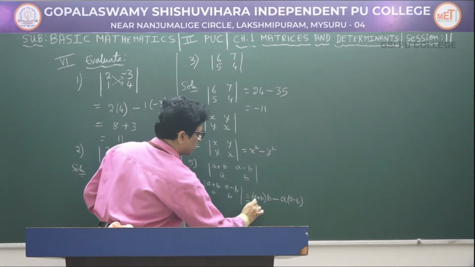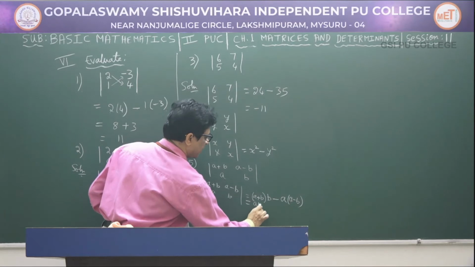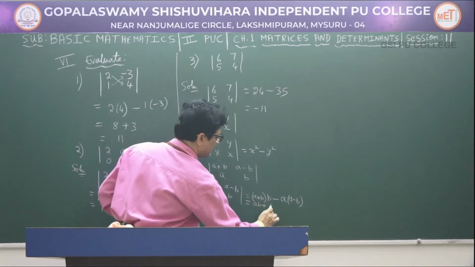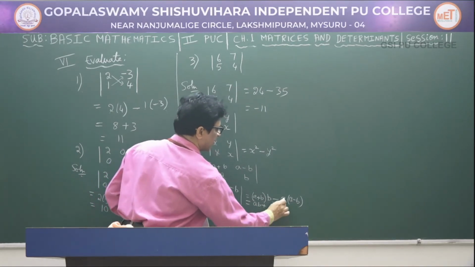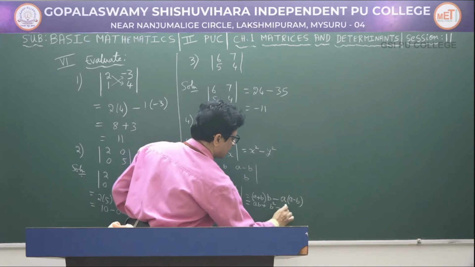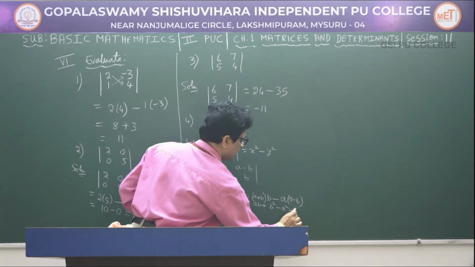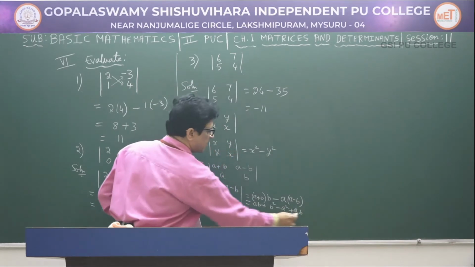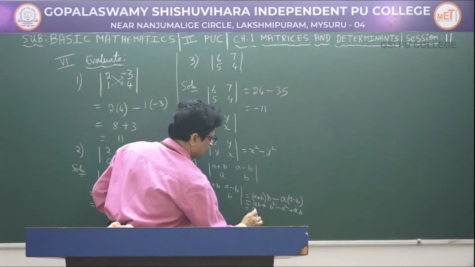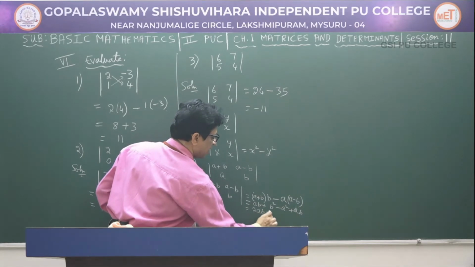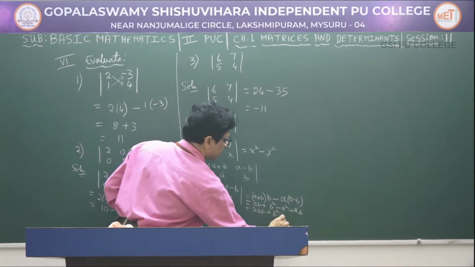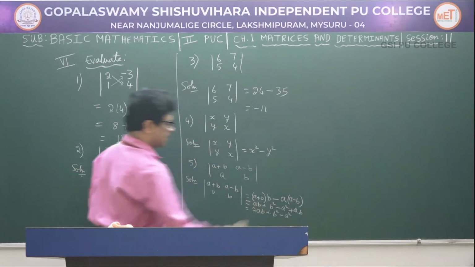That will be equal to ab plus b square minus a square plus ab. So ab plus ab, we get 2ab plus b square minus a square.